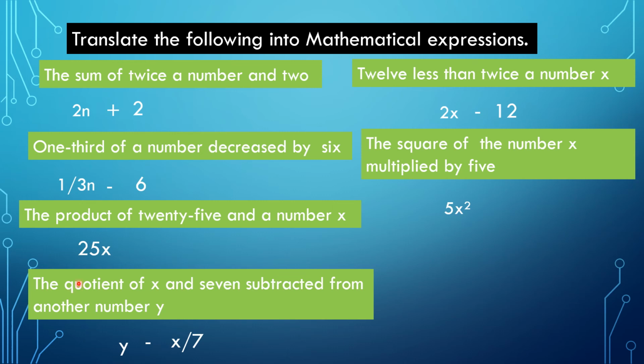Yun ang rules. Kagaya dito, the product of 25 and a number x. 25, pwede mo siyang lagay na x times 25, right? Because when you are multiplying, you can interchange that. But the proper way how to write this is yung number, yung constant, dapat mauna kaysa sa variables. So 5x squared.